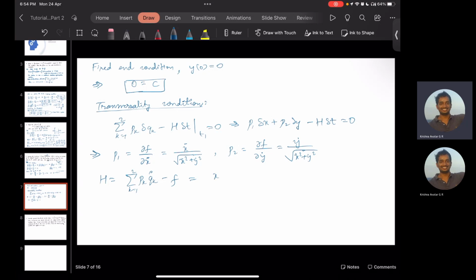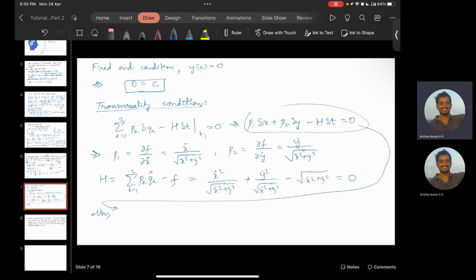And this comes out to be x dot squared divided by root over x dot squared plus y dot squared, plus y dot squared divided by root of x dot squared plus y dot squared, minus root over x dot squared plus y dot squared. And from the first two, addition gives us identically 0, right?